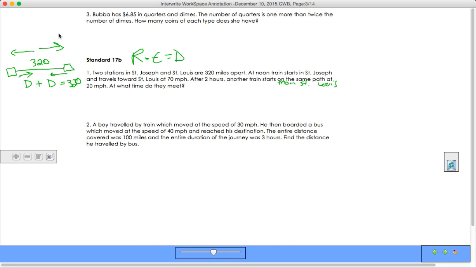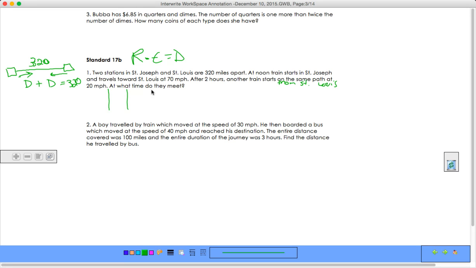Or is it one where we're going to set them equal, like you went to the grocery store and came home, that distance was the same, so those 2 distances would be equal. Or it could be like you're trying to catch up with somebody. You're trying to reach the same place, then you're going the same distance, then they would be equal. But this one we're going to add because we have a total distance. We want to know when they will have covered the whole span of 320 miles.